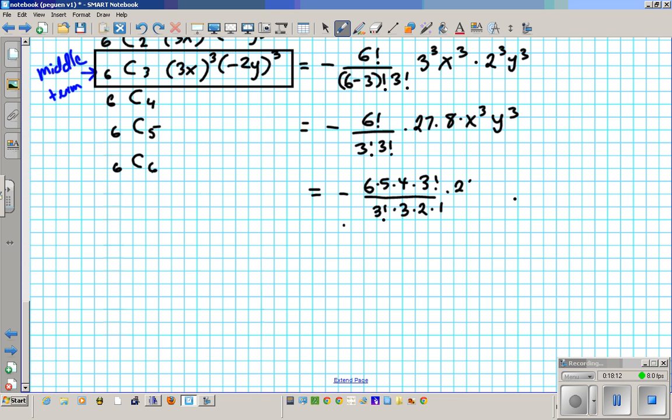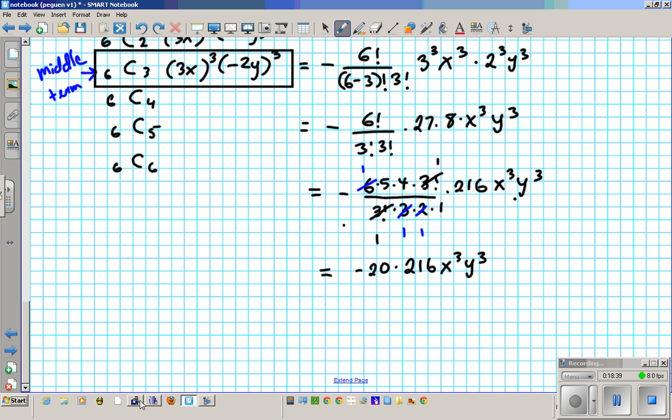Times 216, x to the third, y to the third. And then let's start reducing this, okay? 3 factorial goes here 1, 3 factorial goes here 1. And then 3 and 2 is 6, right? So 3 goes here 1, 2 goes there 1. Both of them together takes this out. So we're going to have negative 20 times 216, x to the third, y to the third.